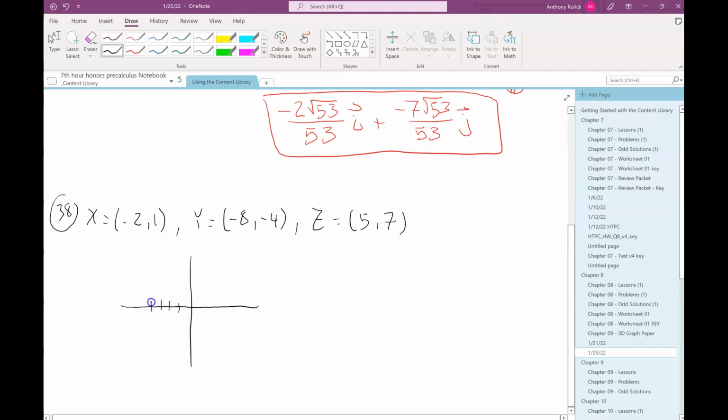I'm going to just start by sketching a picture. Okay, so (-2, 1), and then (-8, -4), and then (5, 7).